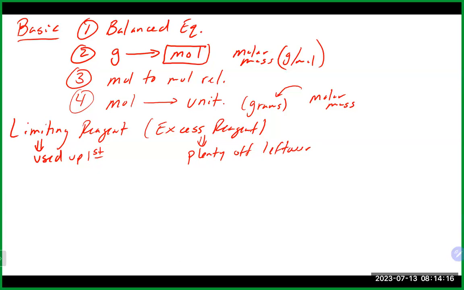And in these types of problems, there are a few different ways that we talked about that you could do it. You can follow the same 4 steps as above, but you can insert between these 2 steps a calculation to determine the limiting reagent.